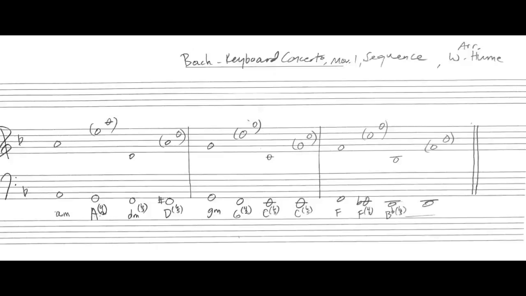Instead, we stay on B flat. Into a totally different sequence, and then a faster sequence. So finding the sequences is one step, using the piano to help hear that and see that.